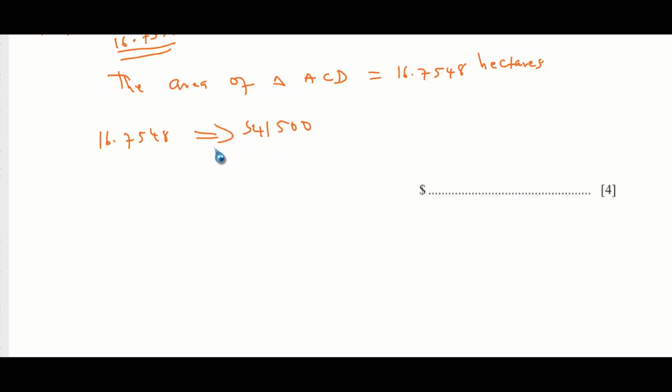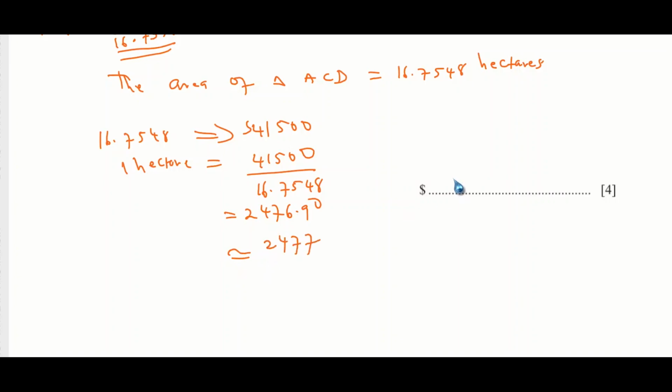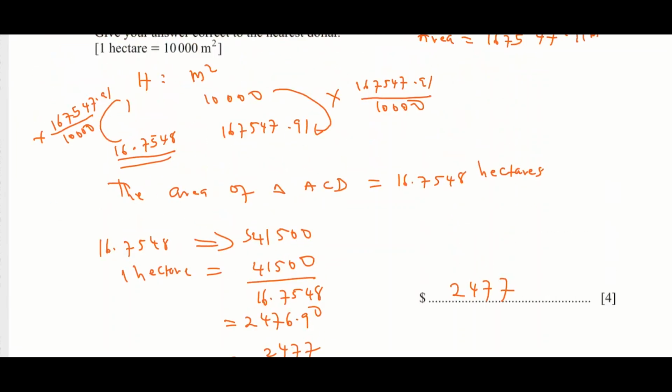So 1 hectare equals 41,500 divided by 16.7548, which equals 2476.90, approximately 2477. So that's what you have there.